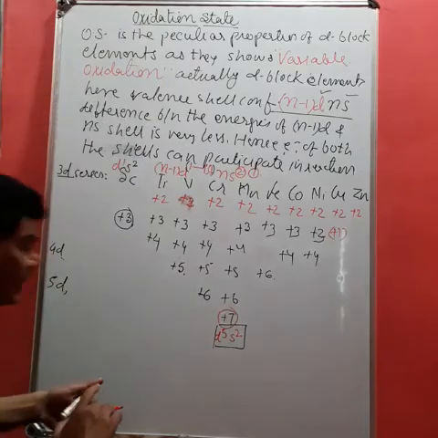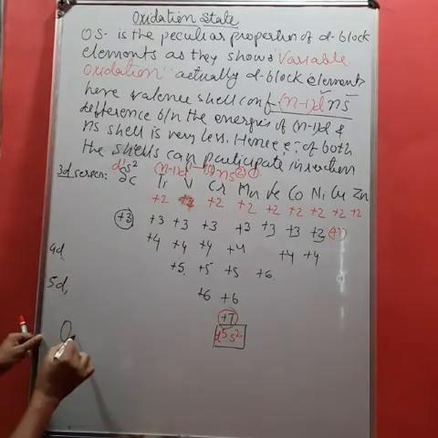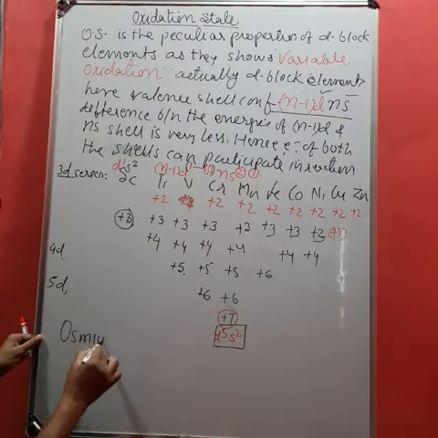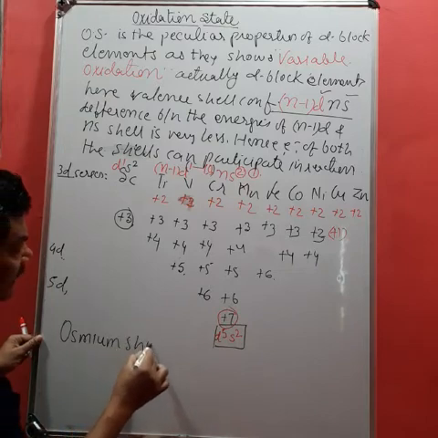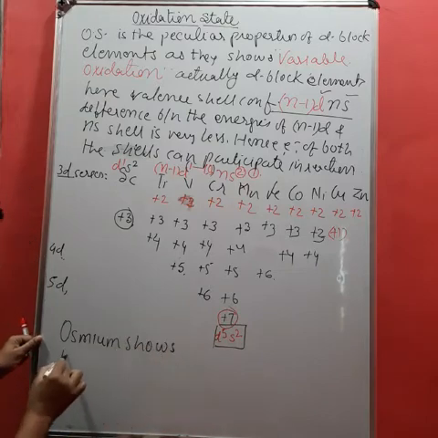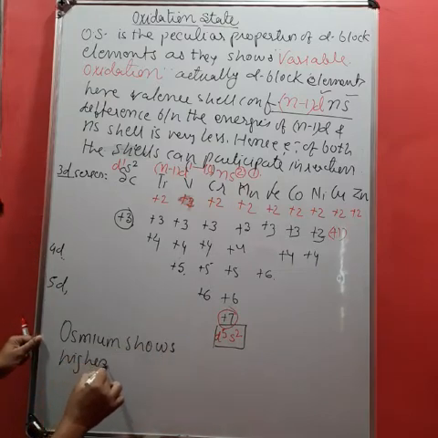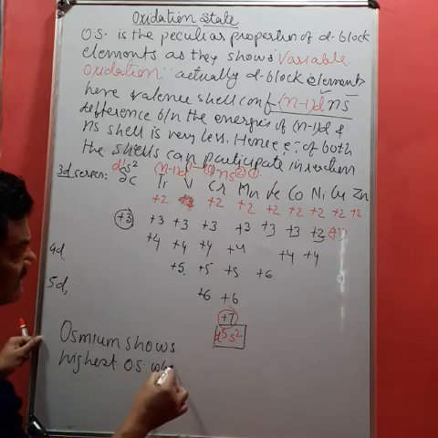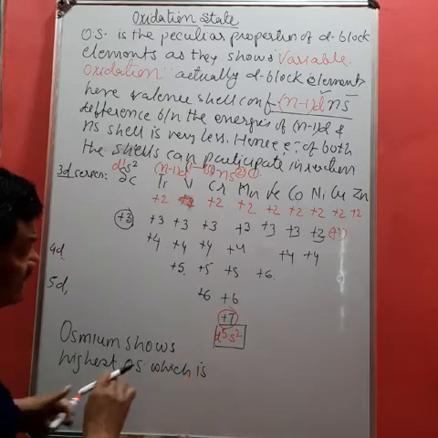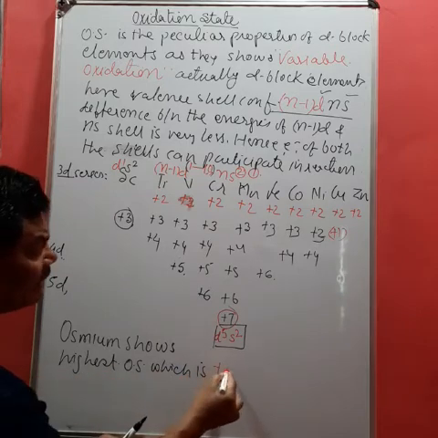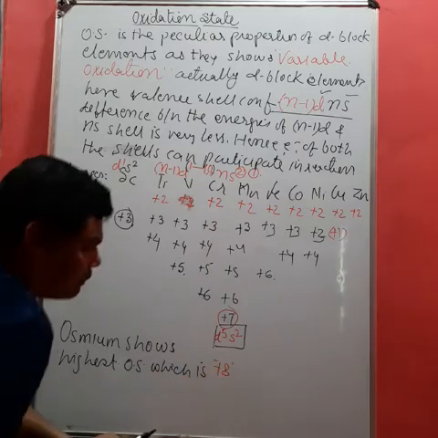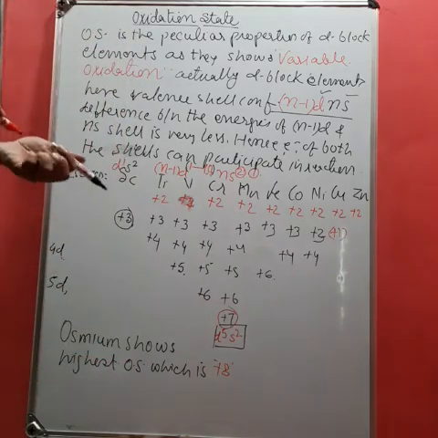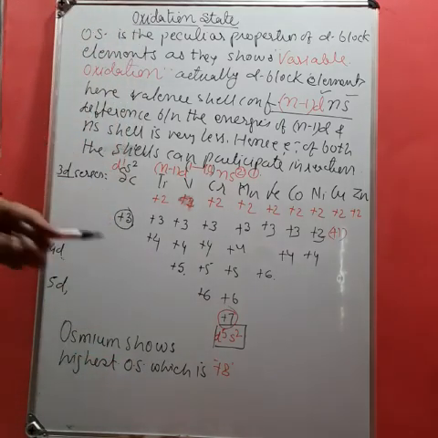But in the overall periodic table, osmium shows the highest oxidation state, this is for your knowledge, which is +8 and is very, very rare. Rhenium, one more element, also shows +8 but is too rare.